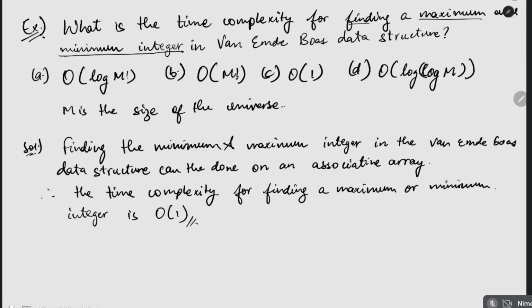Because in that associative array, for maximum and minimum, we just need to look at the first and the last element. Right? So option C.